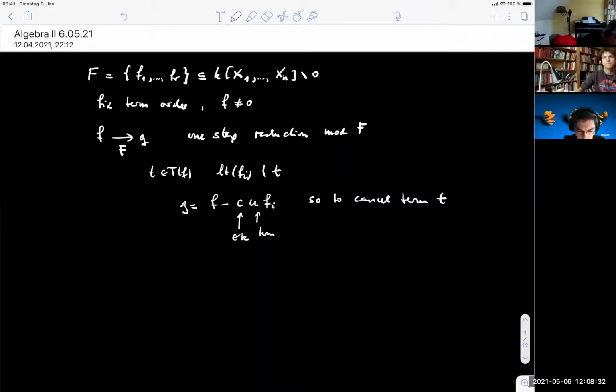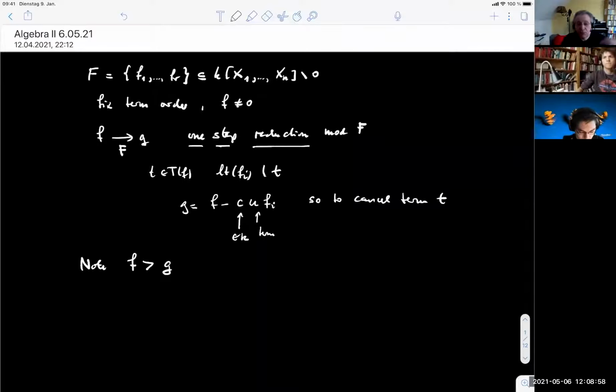And then by doing so, this was the one-step reduction, one sees that the polynomial g that we create is always smaller than f. So you should remember that the term order was defined on the set of terms, but then we generalize to polynomials by doing kind of a lexicographic ordering.